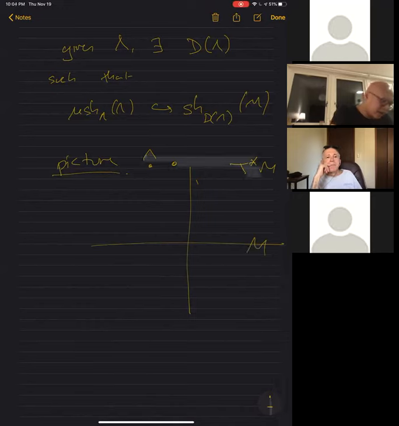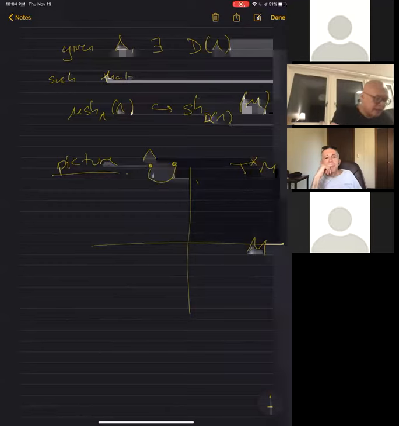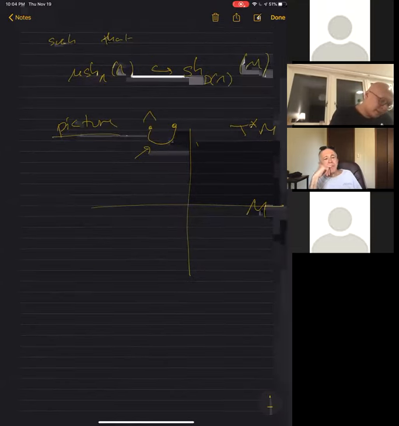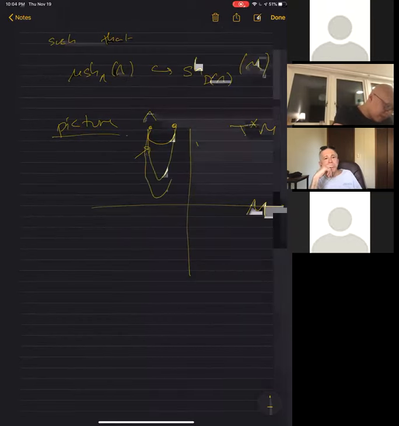Well, the reason is that mu sheaves of lambda geometrically is the same as mu sheaves on this item lifted to the cotangent bundle. And now I can consider this family where I flow it down.